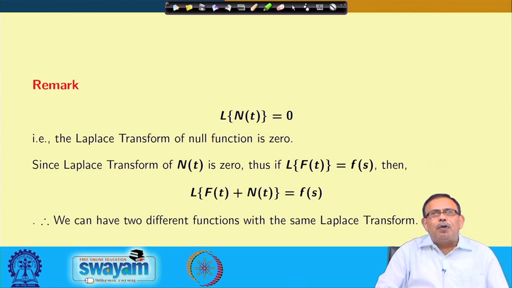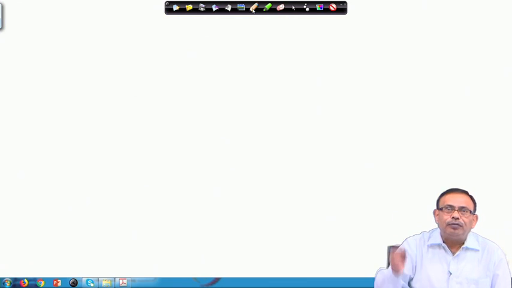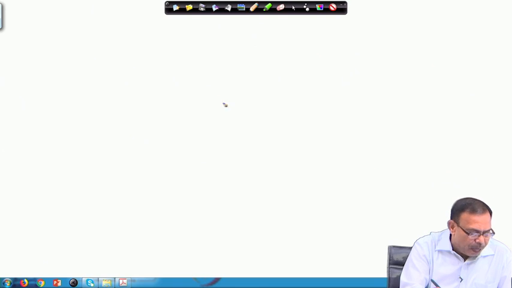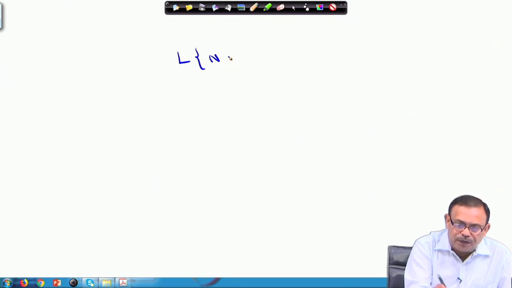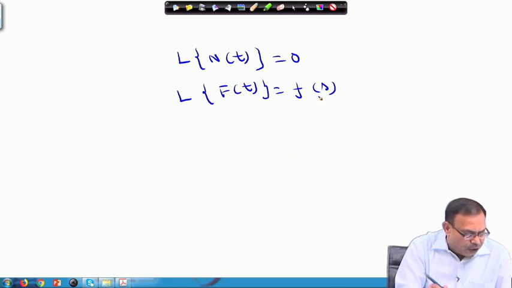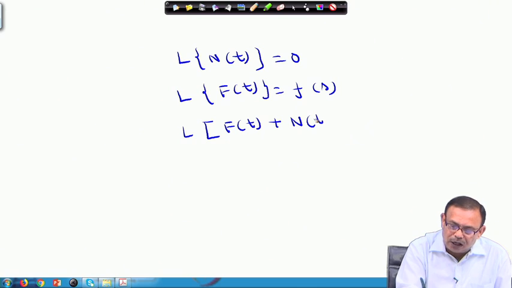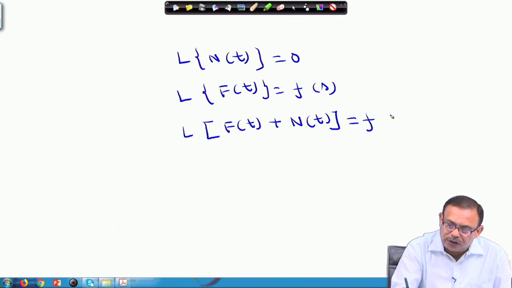Since the Laplace transform of the null function is always 0, I am saying the Laplace transform of the null function n(t) is 0, and if I have a function f(t) whose Laplace transform is F(s), then from the basic property I can write down the Laplace transform of f(t) plus the null function is equal to F(s).